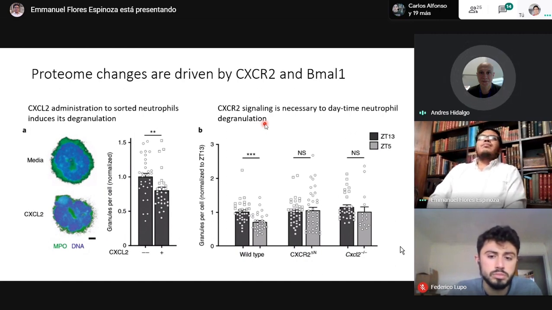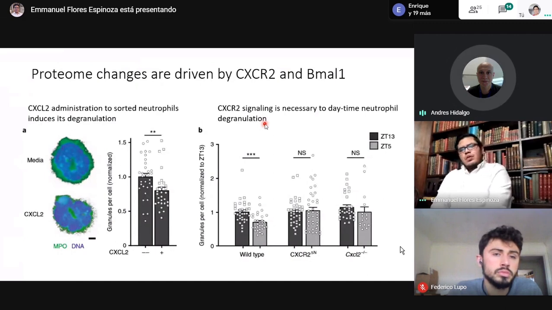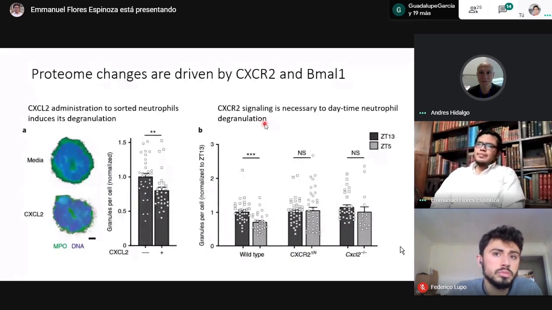The levels in plasma might be too low to recapitulate this, but the key question here is that you have CXCL2 presumably produced locally in a way that we don't know. We don't know if it's associated with anything on the membrane of the cell that makes it more efficient to recognize. But the reason we know this is autocrine and is not systemic, which is what you would think, if it's released by one cell, then it should signal on the neighboring cell, is this.